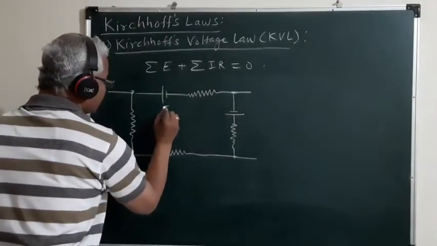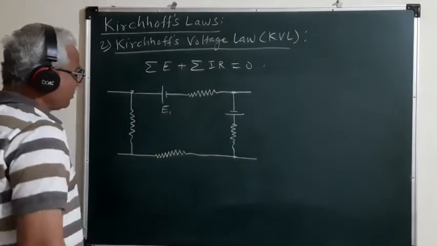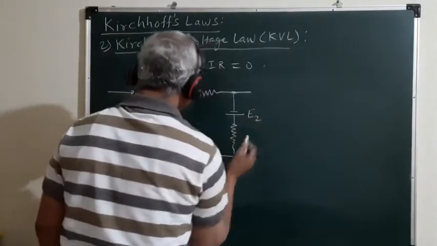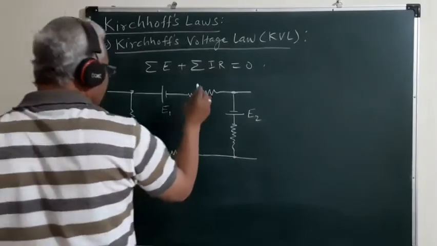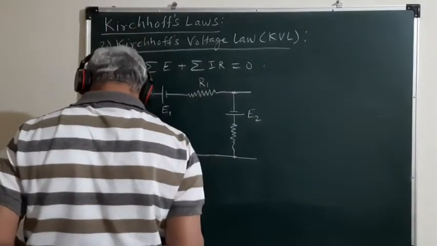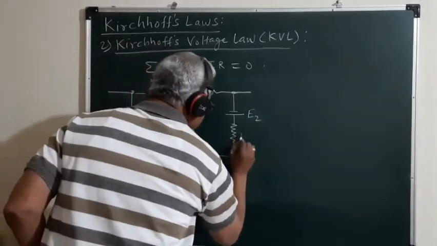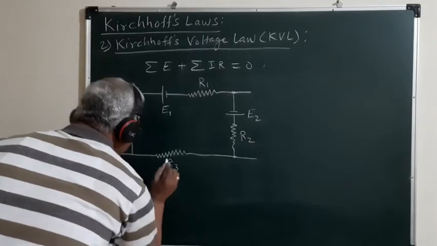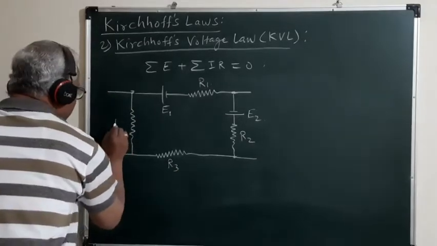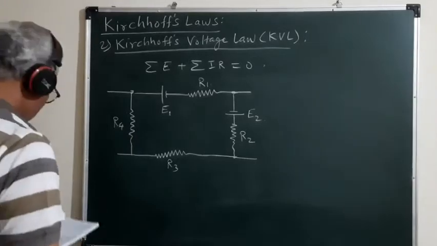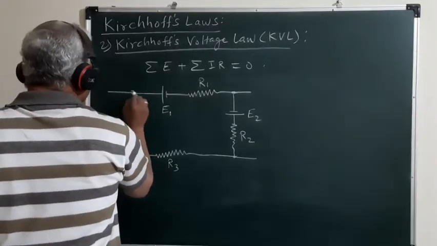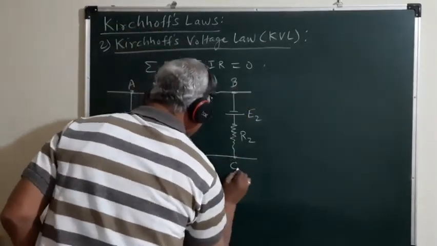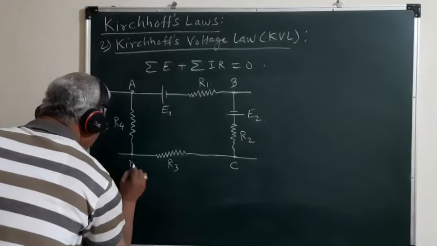Suppose this is the source of EMF E1, this is the source of EMF E2, this is the resistance R1, this is the resistance R2, this is the resistance R3, and this is the resistance R4. So let us consider we have this closed loop A, B, C, D.